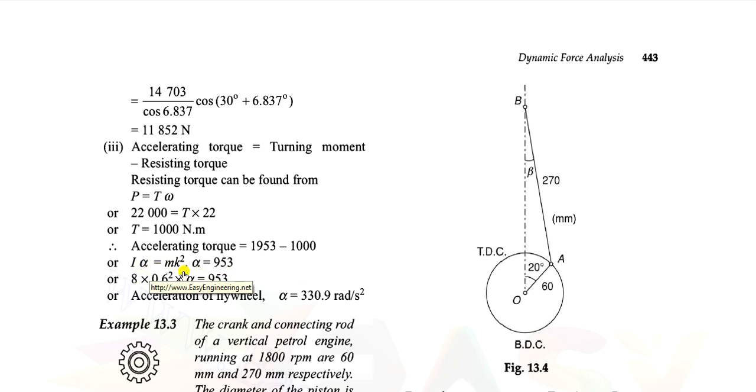I is mk square for the flywheel, because radius of gyration is given. Once you put all the values, you will get the angular acceleration of the flywheel, which is coming 330.9 radians per second square.